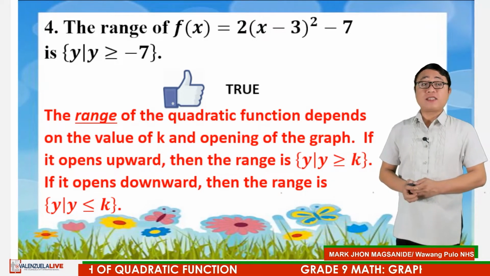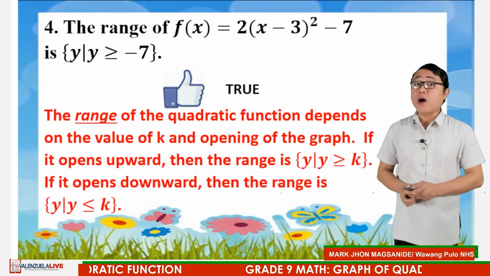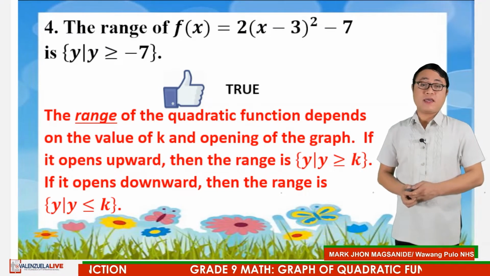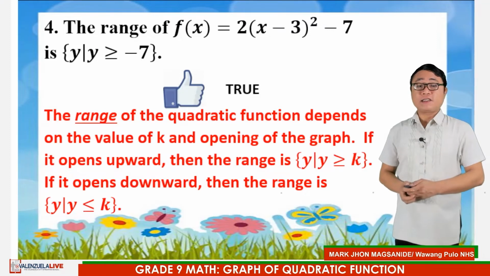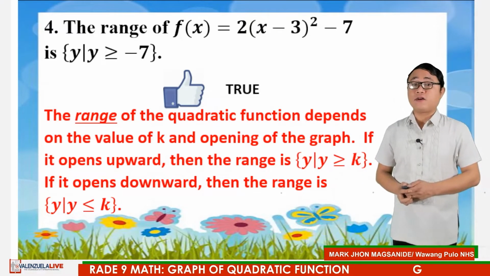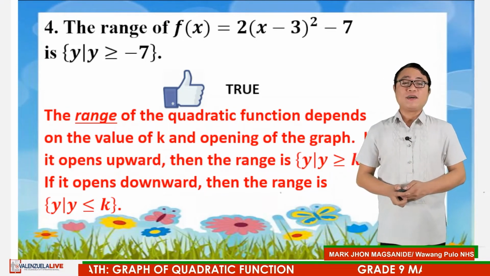If it opens upward, then the range is the set of y such that y is greater than or equal to k. But if it opens downward, then the range is the set of y such that y is less than or equal to k.